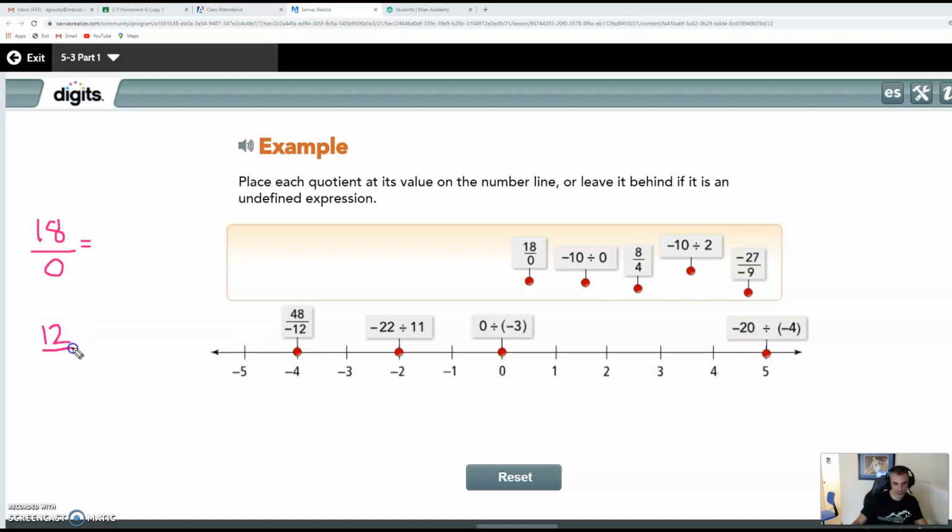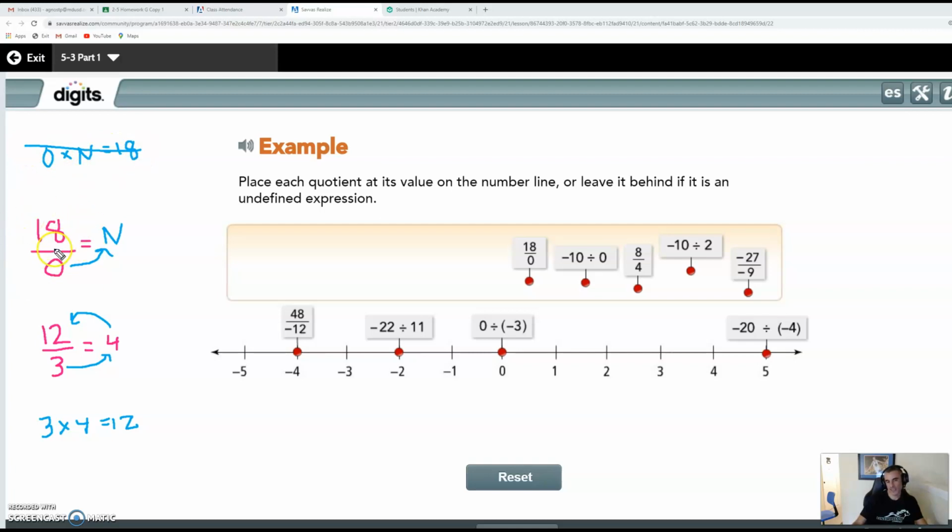I'll show you an example. 12 divided by 3 is equal to 4. If I want to reverse this, I would say 3 times 4: I take this number, multiply it by this one, and it gives me this number. But think about how that would ever work here. I would have to multiply 0 by some number, I'll just use n, so 0 times n is equal to 18. 0 times anything is 0, so this can never work.